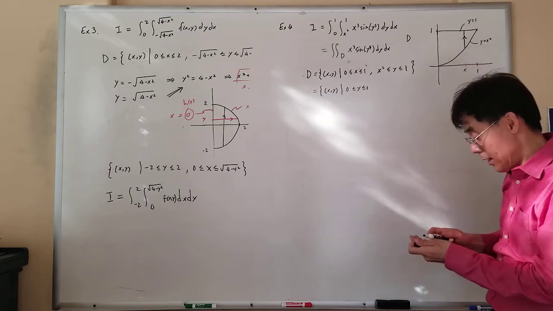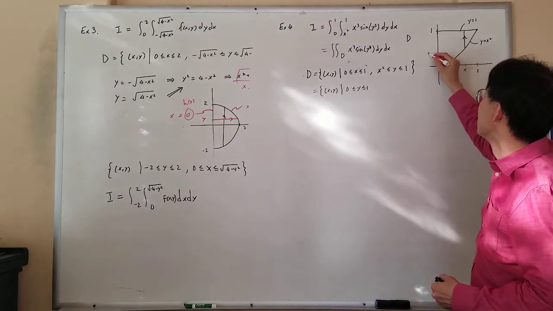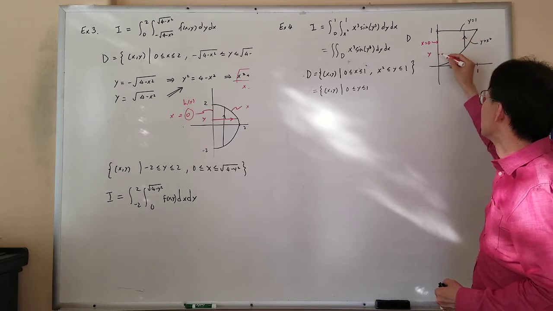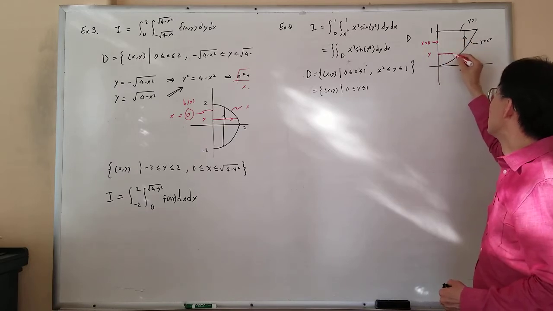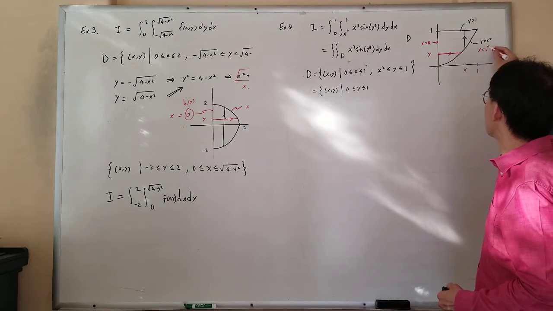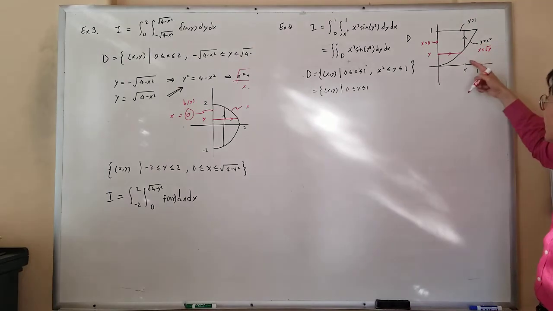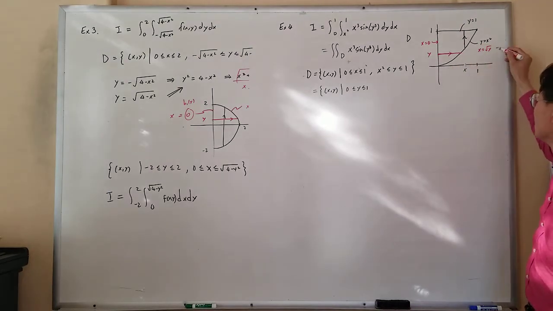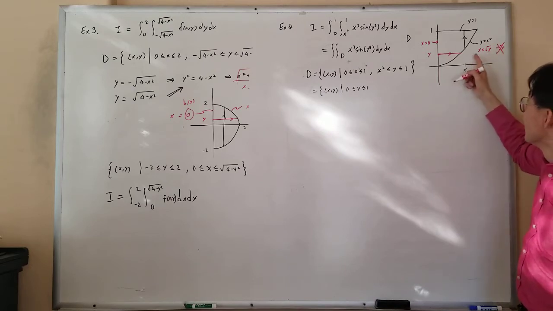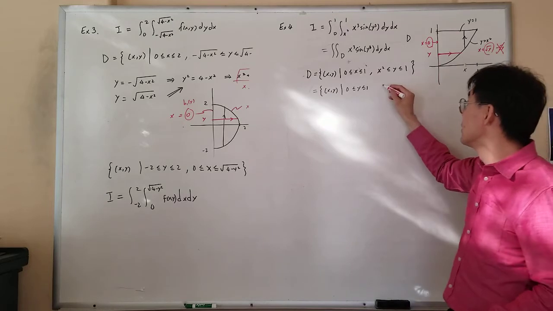For given y, x runs from x equals 0 to, solving y equals x squared, x equals square root of y. Since x is positive, we don't need the negative square root of y. So now x runs from 0 to square root of y.